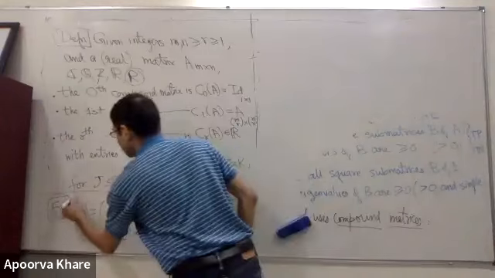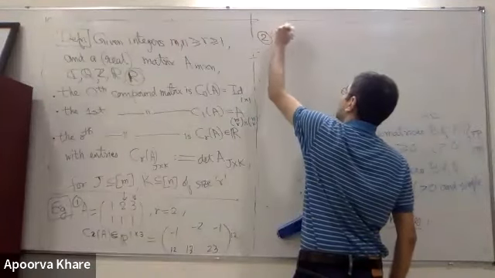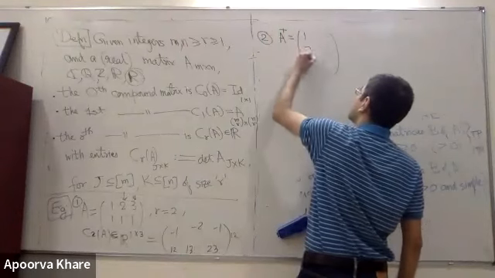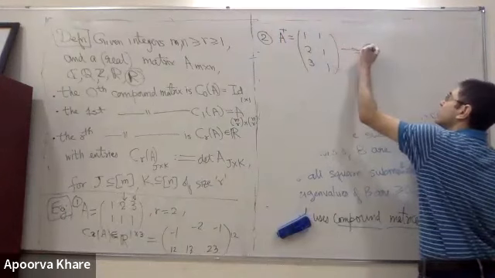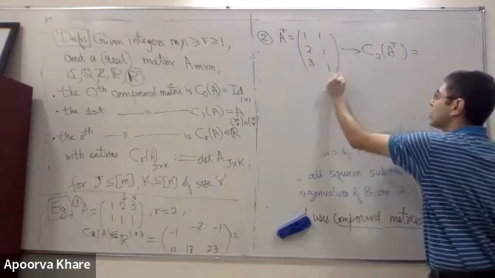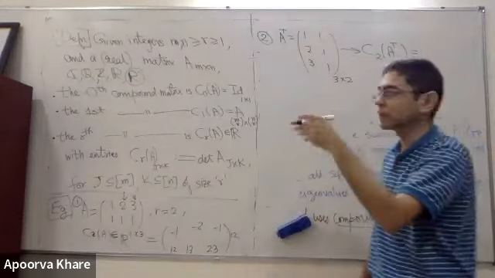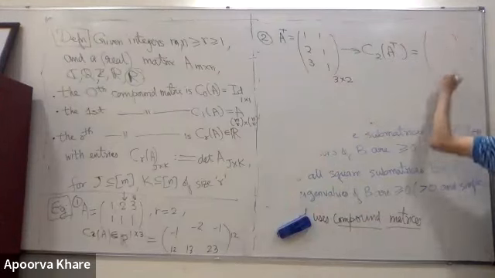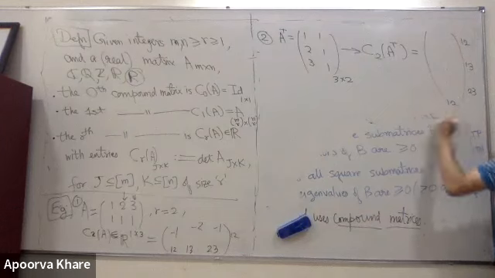Example: A transpose equals 1, 2, 3, 1, 1, 1. Now I can take the second compound matrix of A transpose. But now this is 3 cross 2. So I get a 3 choose 2 cross 2 choose 2 matrix, which is a 3 cross 1 column matrix. The entries are again 1, 2, 1, 3, 2, 3.